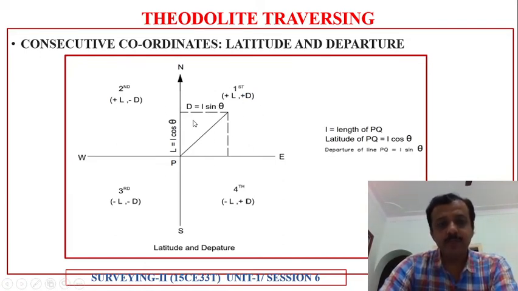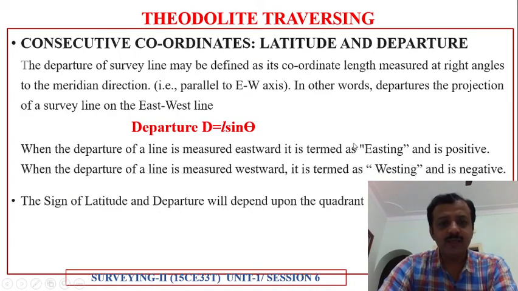When the line lies between east and north, both latitude and departure are positive. So the departure of any line is given by L sin theta.